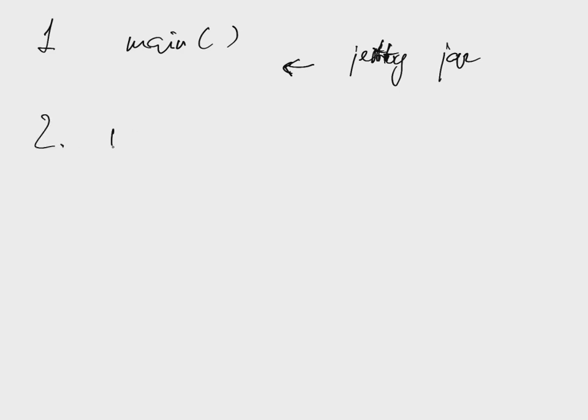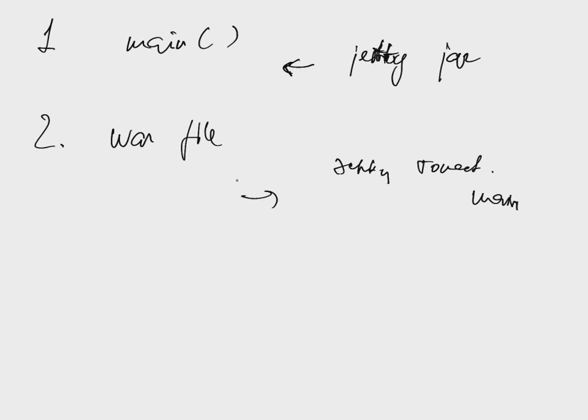Another way is you deploy it as a web archive or WAR file. Then you have either Jetty or Tomcat or whatever, and they have a public static void main method somewhere.